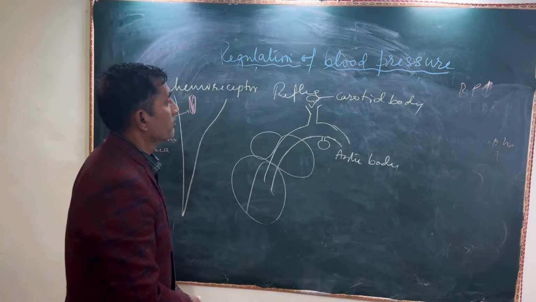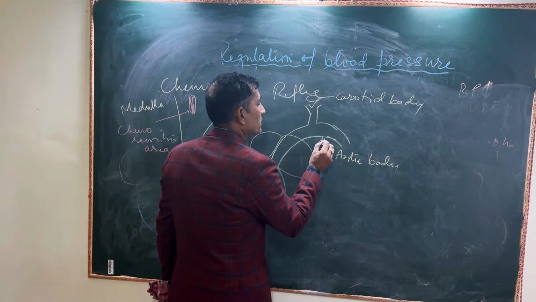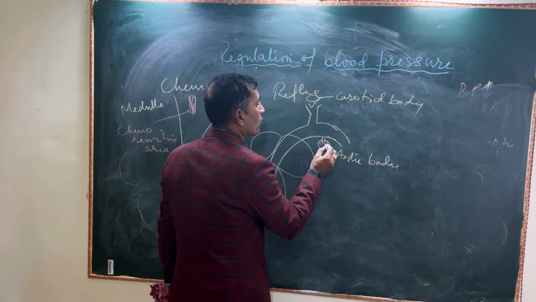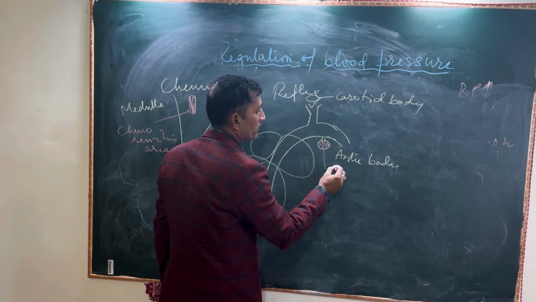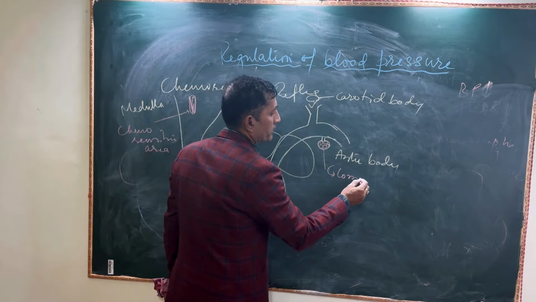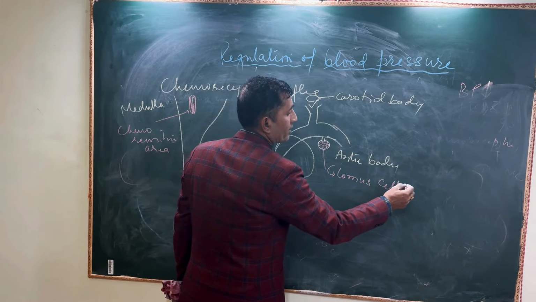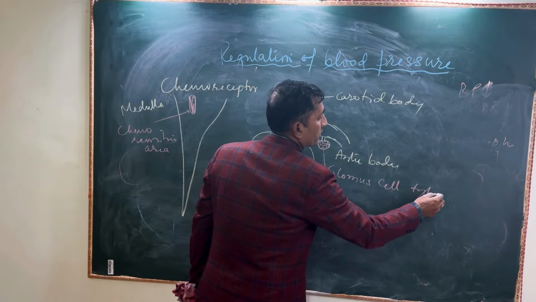Now coming to the chemoreceptor reflex. This aortic body is made up of glomus cells type 2.